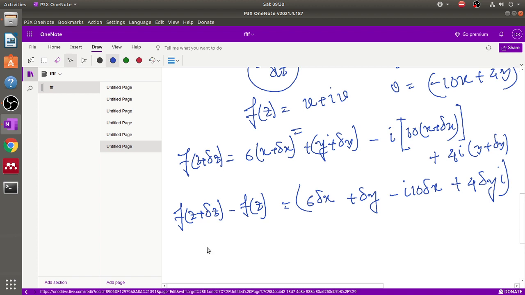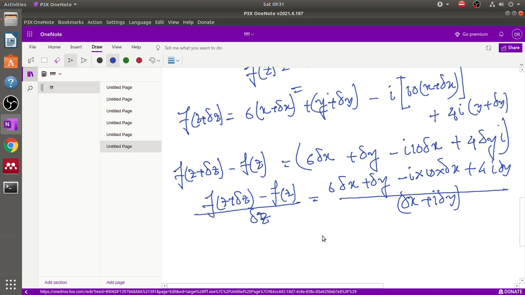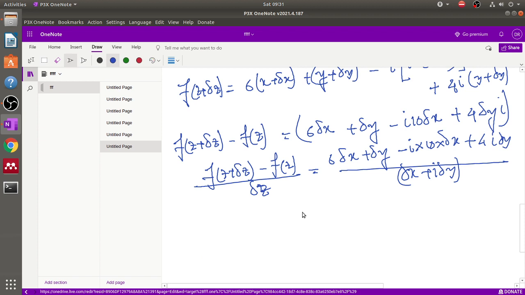Now if we compute f of z plus delta z minus f(z) divided by delta z, we put in this value: 6 delta x plus delta y minus i times 10 delta x plus 4 delta y, divided by delta x plus i delta y, because z equals x plus iy, so delta z means delta x plus i delta y.